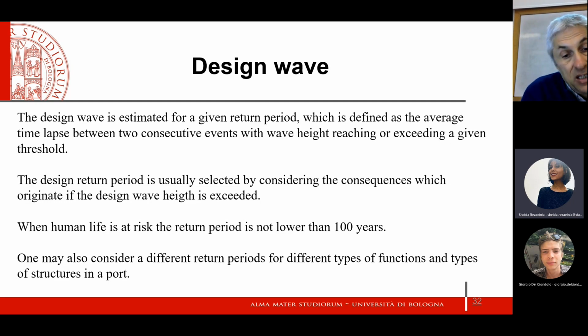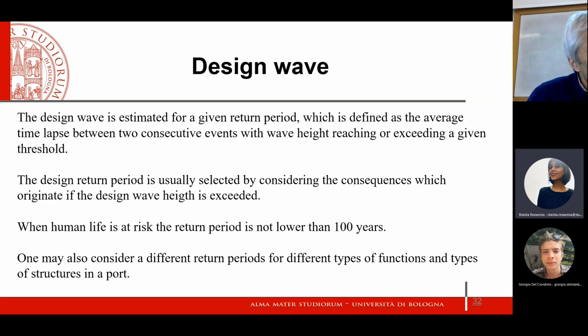Because of course, when you design something, if you want to oversize it, which means that our infrastructure can resist against an event with a higher return period, but if you oversize it, you need money. Accepting that an infrastructure is not working during an extreme event, which may be frequent, implies an economic damage. And therefore, people, if there is no human life at risk, may evaluate the cost and benefit, you know. And so it's a different reasoning.